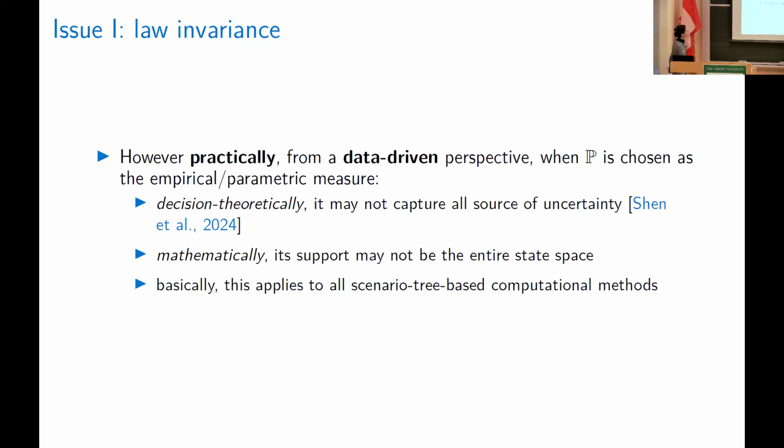However, it may be an issue to choose such an empirical measure in this framework, because from a decision-theoretic view it may not capture all the sources of uncertainty, and mathematically speaking, the support of the empirical measure may not be the entire space. So this restriction applies to all scenario tree-based computational methods. So that will be an issue.